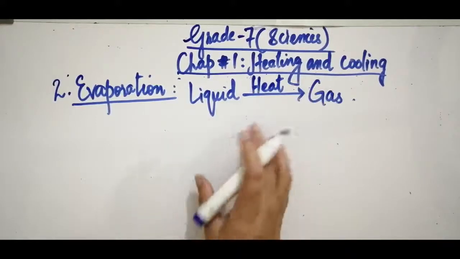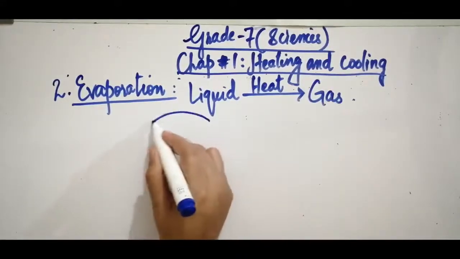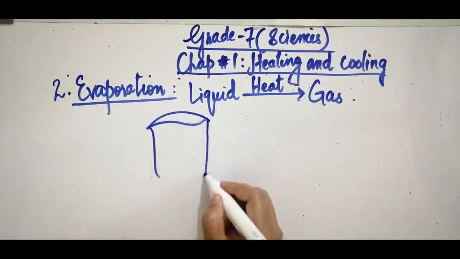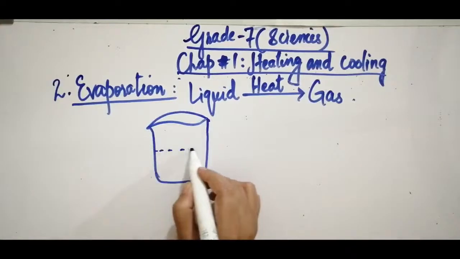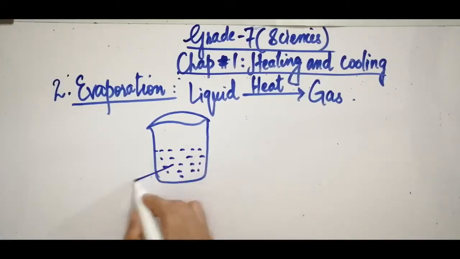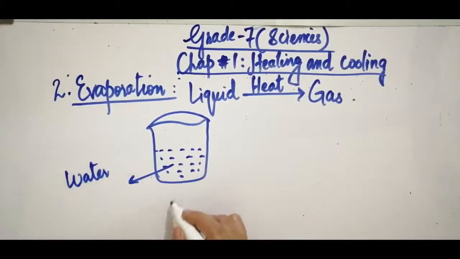An example of this conversion can be best understood if you take water in a beaker. So suppose it is a beaker containing water. Now we are providing heat to the beaker. What happens?